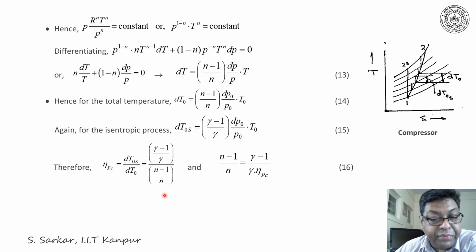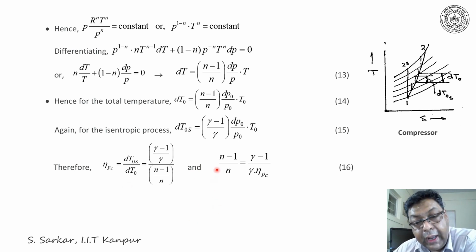Thus, for a compressor, I can write (n-1)/n equals (gamma-1)/gamma divided by eta Pc, where eta Pc is the polytropic efficiency of the compressor and n is the polytropic index.